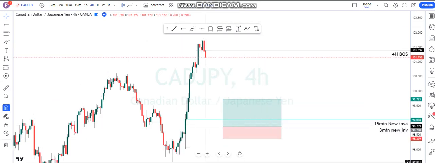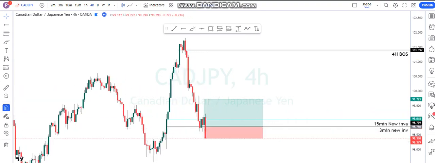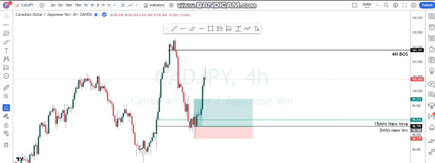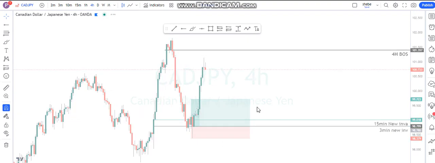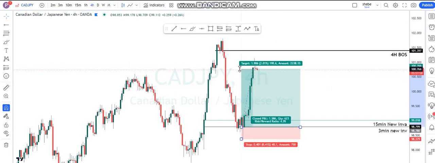Okay, now like you see, the price came, triggered the exact point over there and took our trade and continued. Like you see around now, the price is still going high over here for almost more than 200 pips.